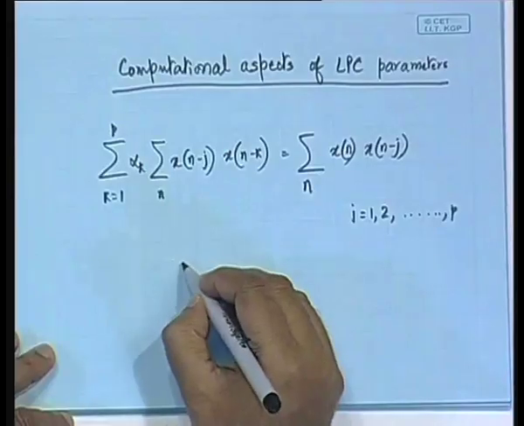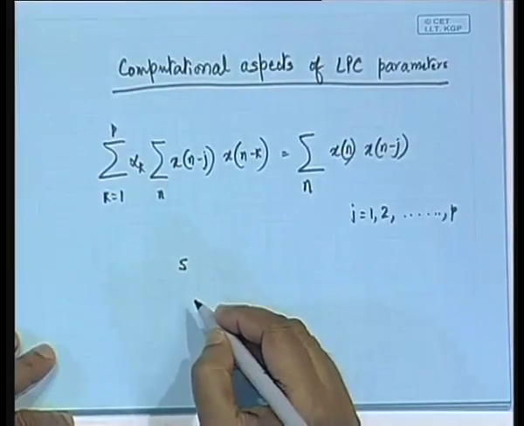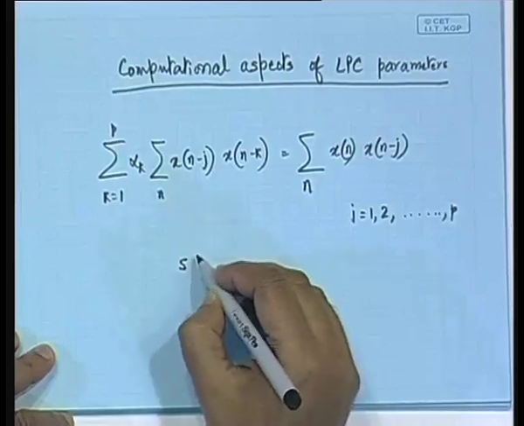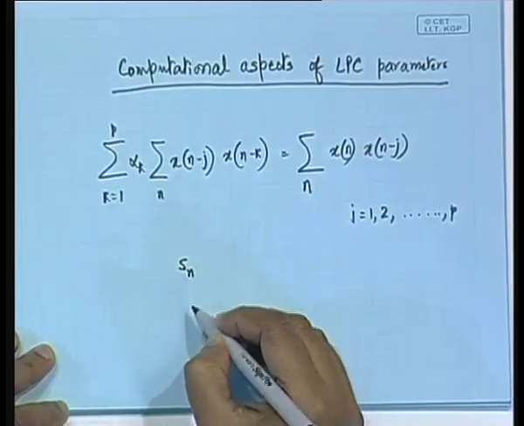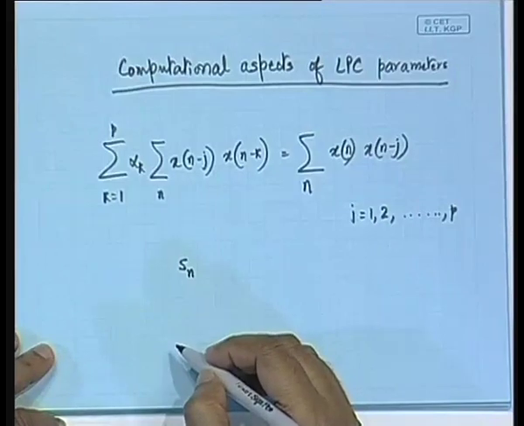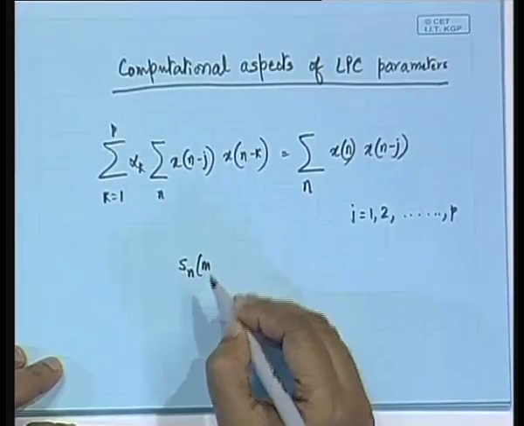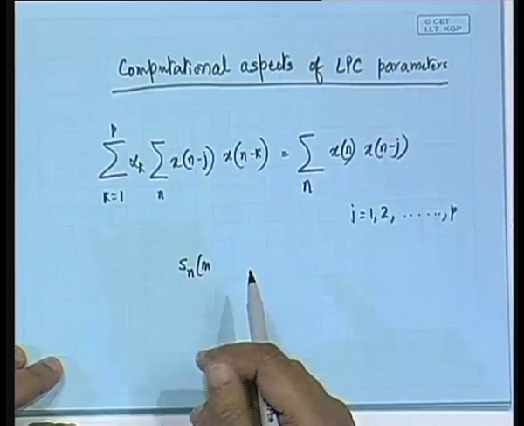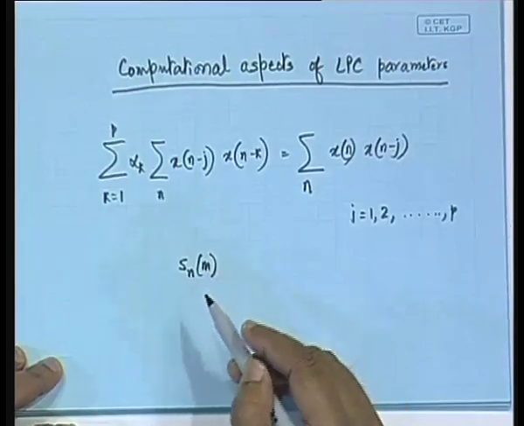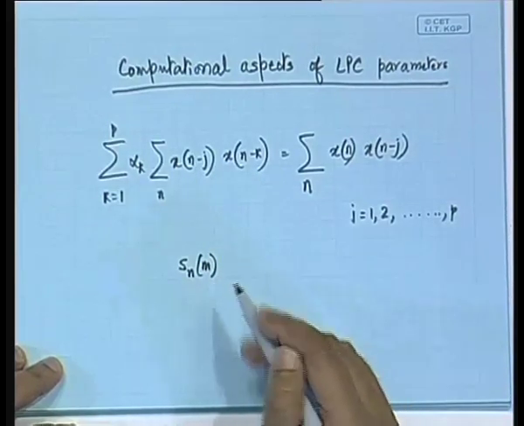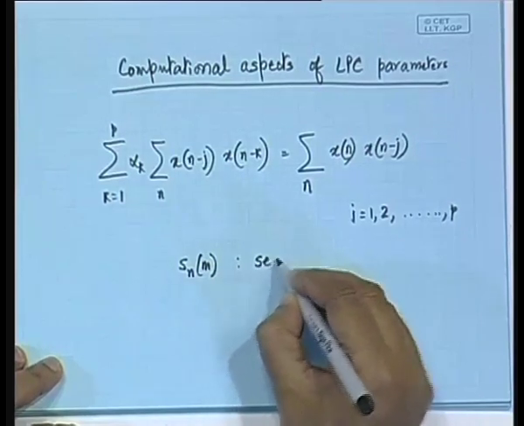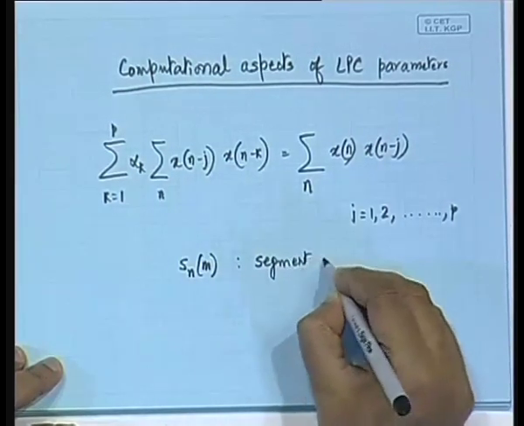A segment of speech we will denote by s suffix n, where the suffix n refers to the point from which the segment is considered. So n is the start of the segment, and the offset beyond that will be denoted by m. So s n m represents the segment of the speech.